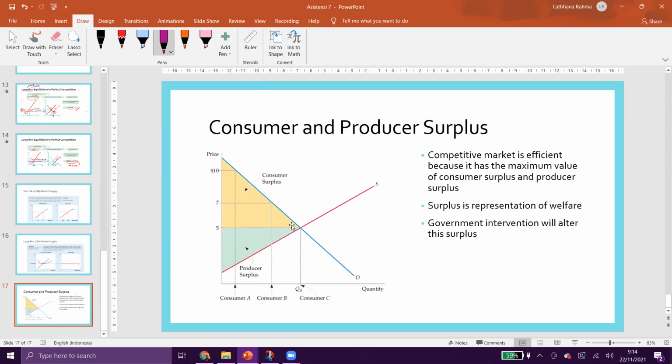It could decrease, but it could also increase. But in summary, the area of surplus is disrupted if there is government intervention.